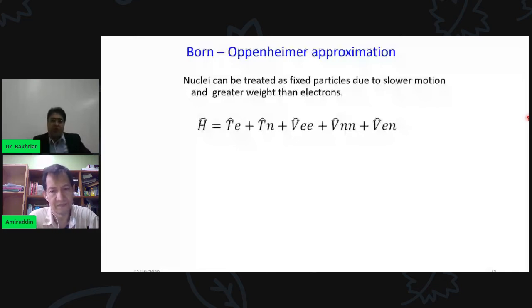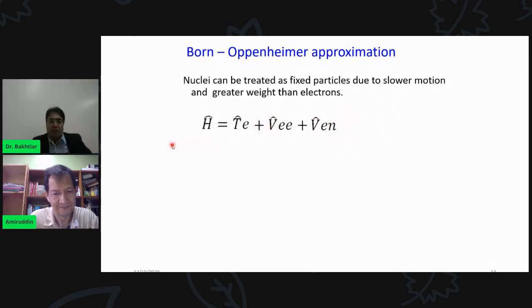Therefore, the kinetic energy term and the interactions between the nuclei and other nuclei can be neglected. Hence, we are left with a relatively simpler form of the Born-Oppenheimer Hamiltonian.